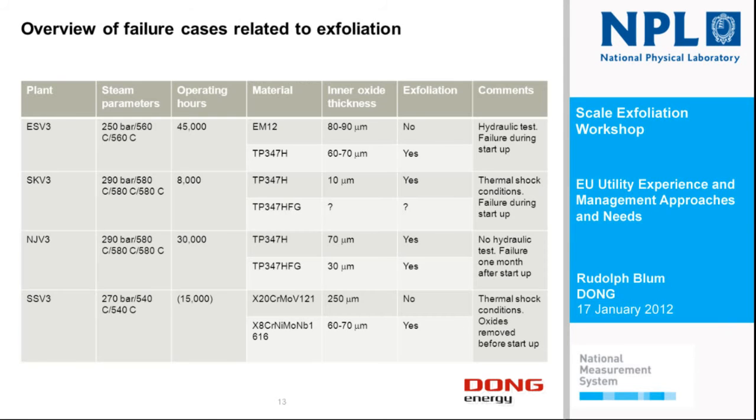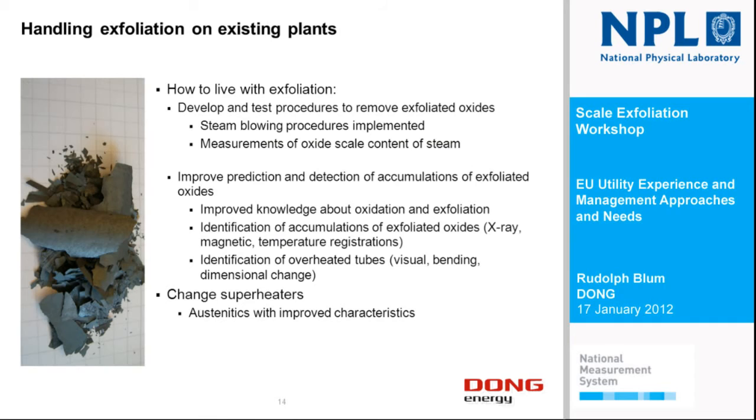Then, how can we handle exfoliation on the existing plant? And how can we live with it? We think that to live with it is to develop a test procedure to remove exfoliated material, steam blowing, and be sure that we can measure the oxide or pre-calculate the thickness of the oxide, so we are very well aware what happened, where it happened, and when it happened.